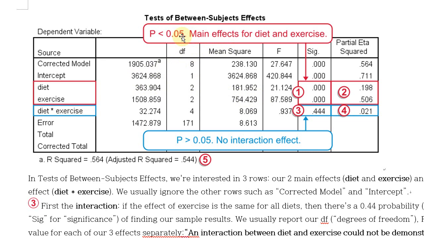This is the main effect for diet and exercise. Okay? Diet for losing weight and exercise for losing weight. The main effect means to see each variable separately for what? Losing weight. Meaning that the independent variables impact the dependent variable directly. Okay?